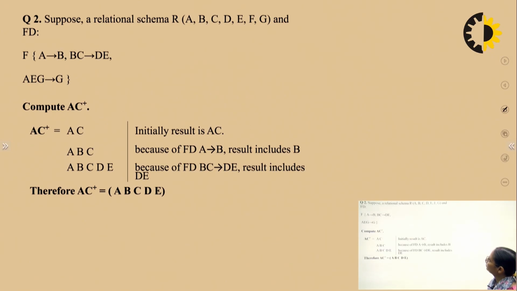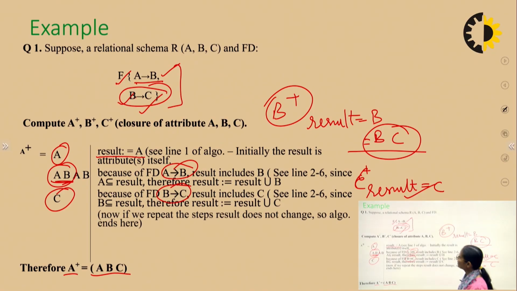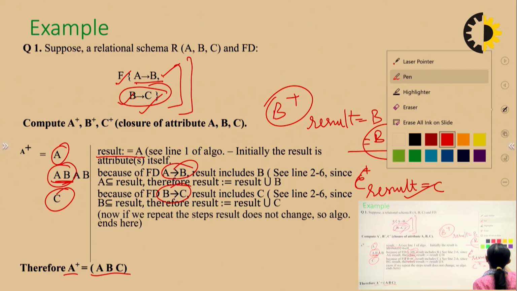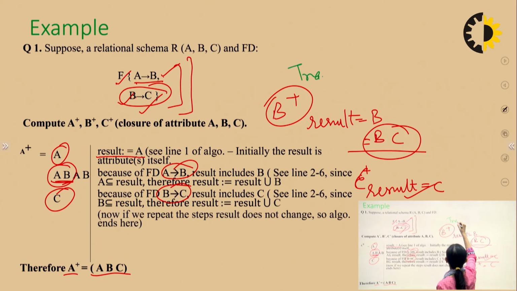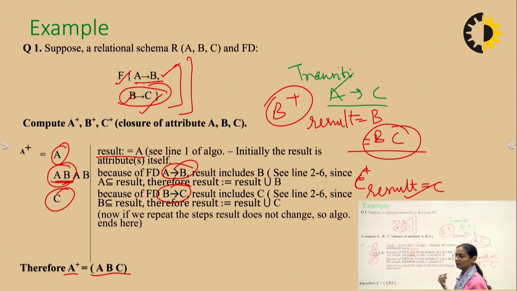This is another example. Here I am having the relation. Moreover, you need to remember that if I try to find out F plus, then A implies B, B implies C. With the help of the transitivity rule, A implies C, but that cannot be used to find the closure of attributes.